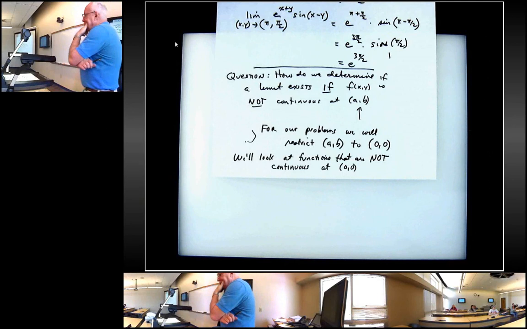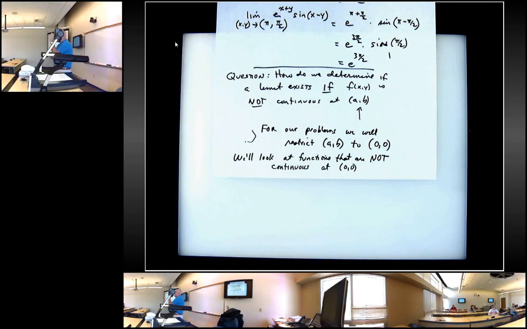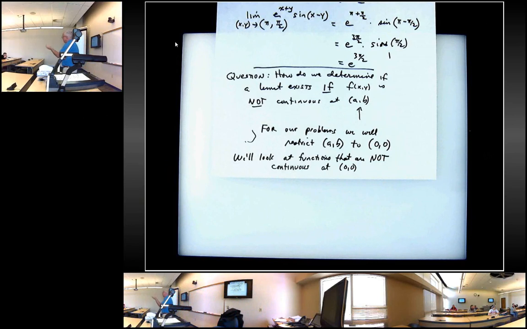Basically there are two types of things we're going to look at here. We're going to look at functions that don't have a limit, and functions that do have a limit.